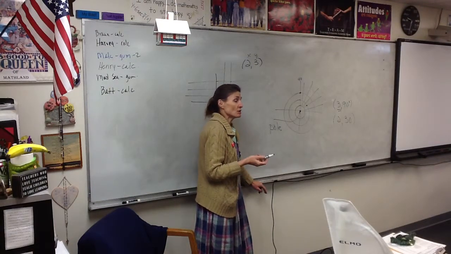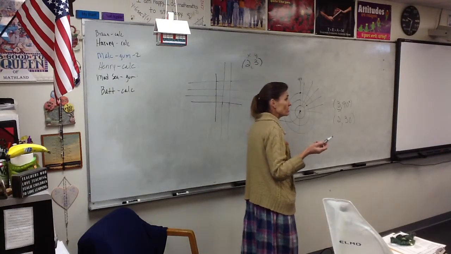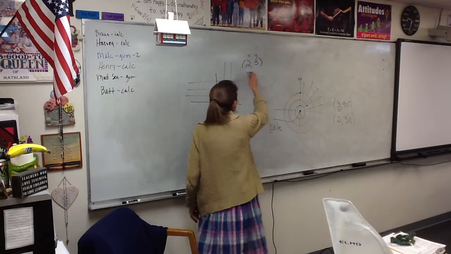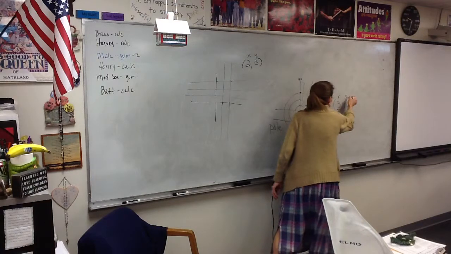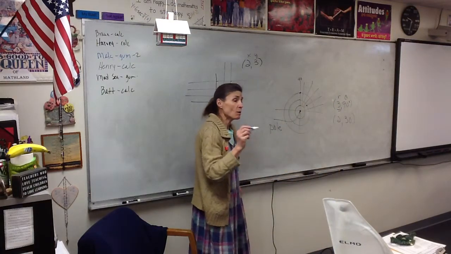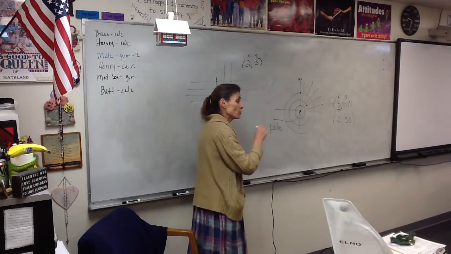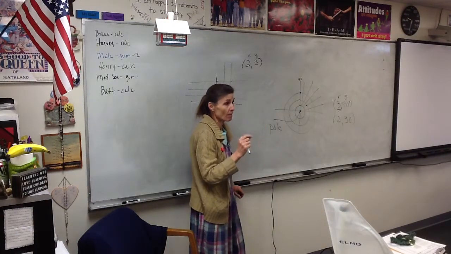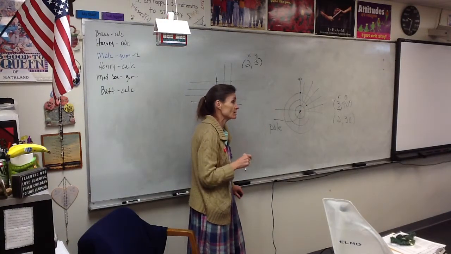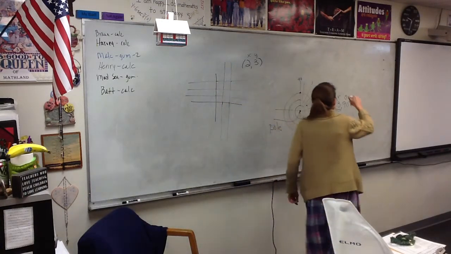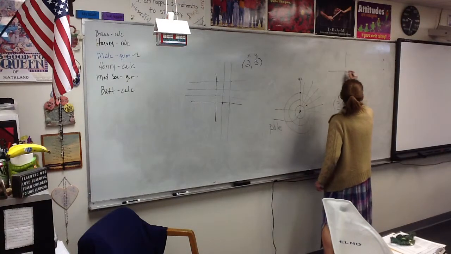You can imagine that our job is going to be to change from one coordinate system to the other, to move from an xy to an r theta. And that's what those conversion equations are going to help you do, not only in terms of points, but in terms of complex numbers and in terms of equations. So here's what I want to show you that might help you remember.